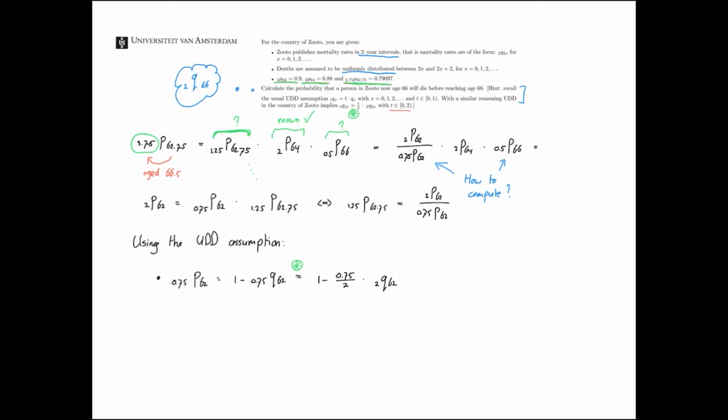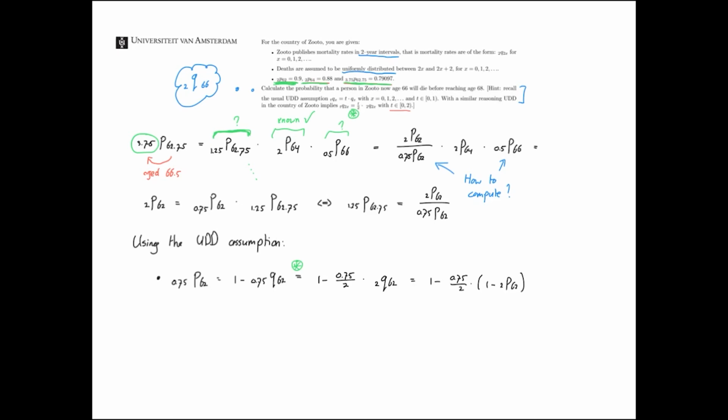And now, do we know 2q62? Well, we don't know 2q62, but we do know 2p62, right? So that's the first bit of information that was given, the first survival probability. So if we rewrite this as 1 minus, so this is 0.75 over 2 times 1 minus 2p62.